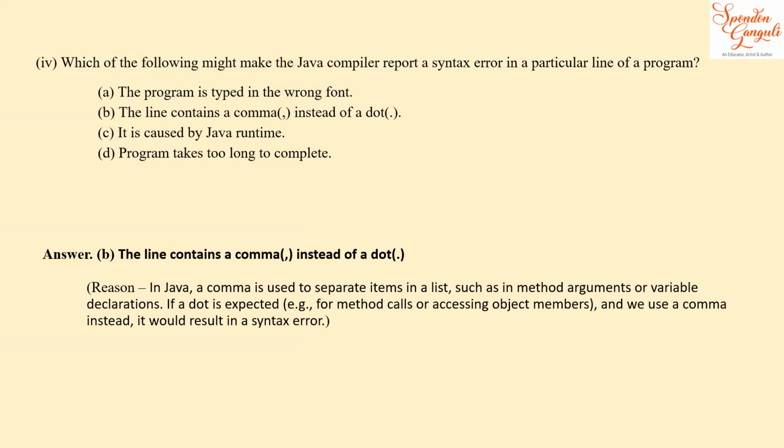The reason: in Java a comma is used to separate items in a list, such as in method arguments or variable declaration. If a dot is expected, that is for method calls or accessing object members, and we use a comma instead, it would result in a syntax error.